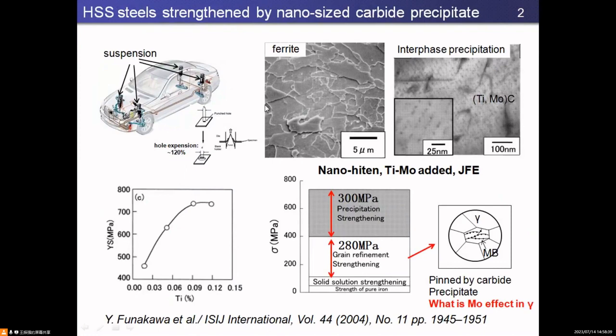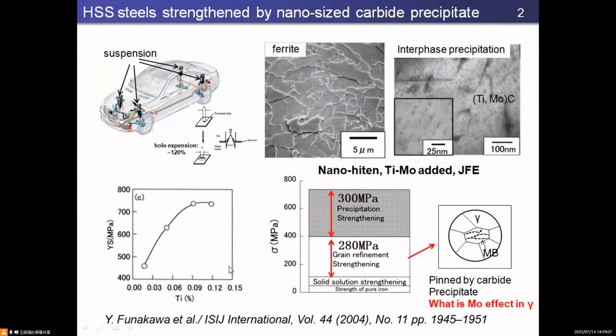Its microstructure is pure ferrite, and it is strengthened by the interface precipitation of titanium moly carbide. The contribution of precipitation to the yield strength reaches 300 megapascal, and the complex titanium moly carbide is a kind of corrosion resistant carbide.